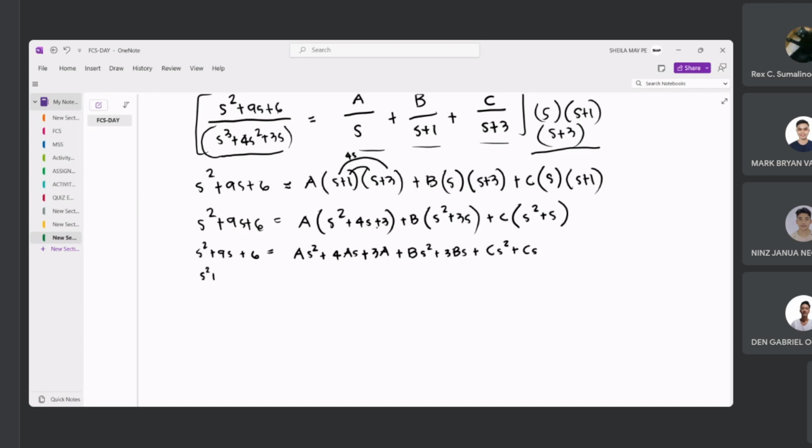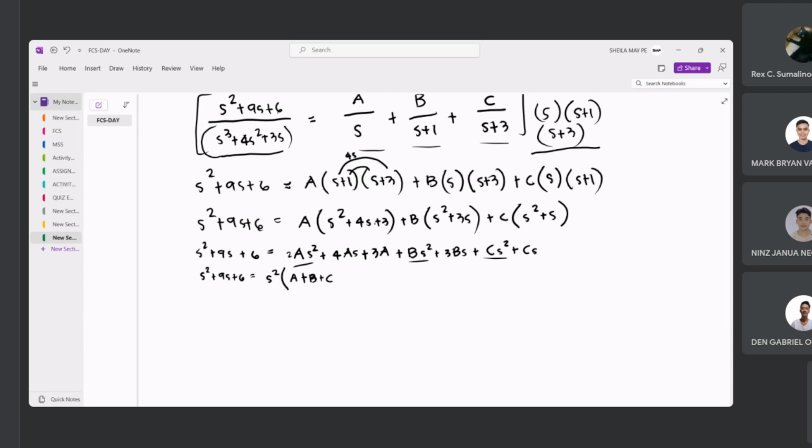Right, so we have s squared plus 9s plus 6. Okay, factor out common. So we have the highest degree, squared. So let's start with s squared. And say na ay s squared: A, we have B, and we have C. So that's A plus B plus C. Okay, kung naa siya coefficient nga 2 di A class, for example, this is 2A.